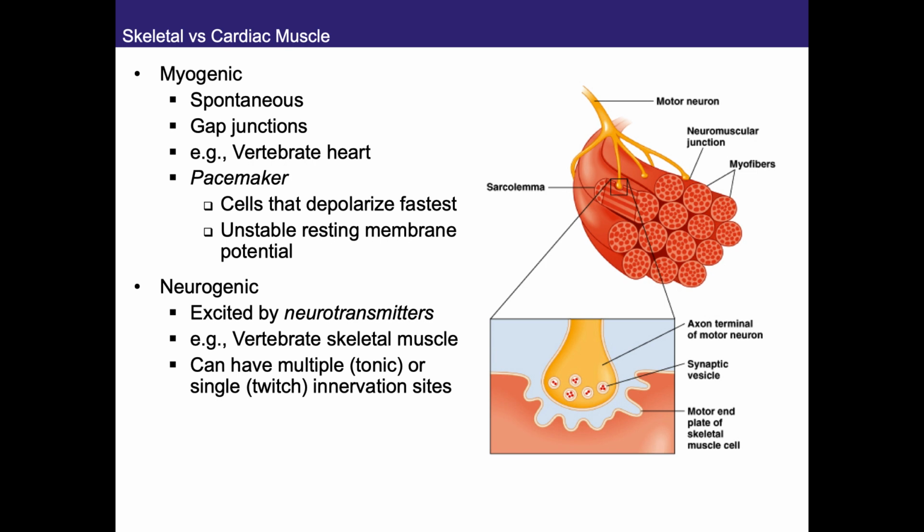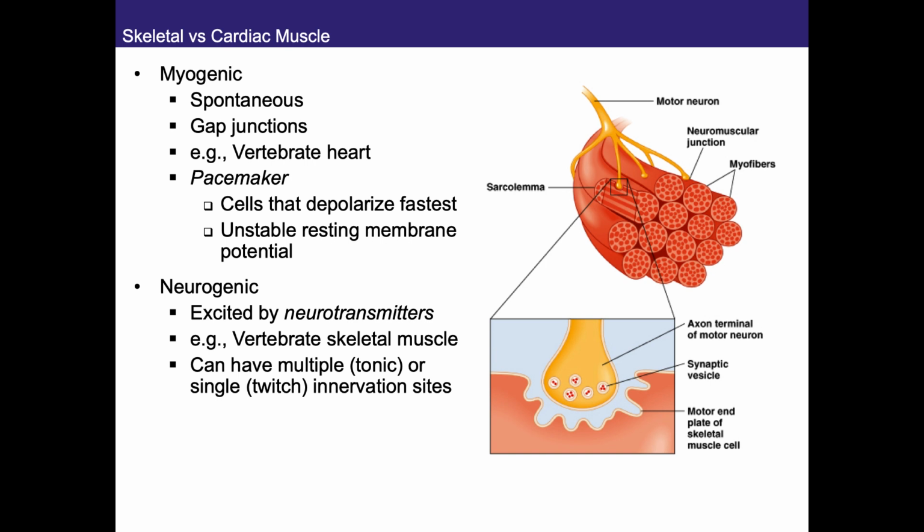Yes. That is the correct answer. So, what that means is we're going to be talking about the SA node. The SA node are the pacemaker cells of the heart. They don't have a nice, steady, resting membrane potential. They have an eroding membrane potential that always reaches threshold and causes action potentials and contraction.